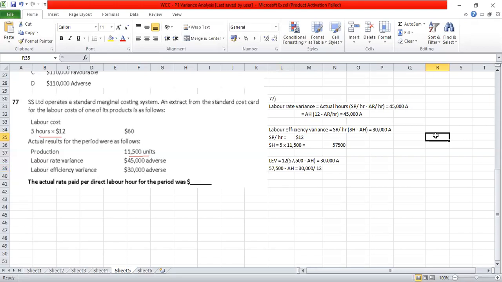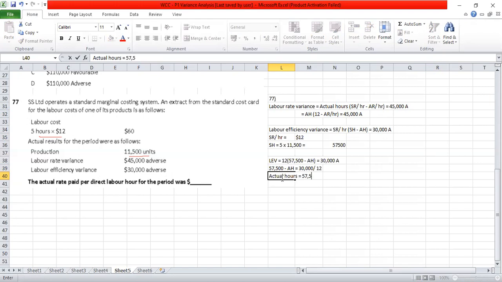So we have to add that 2,500 to 57,500. So actual hours, since it is an adverse variance, the standard hours are 57,500.